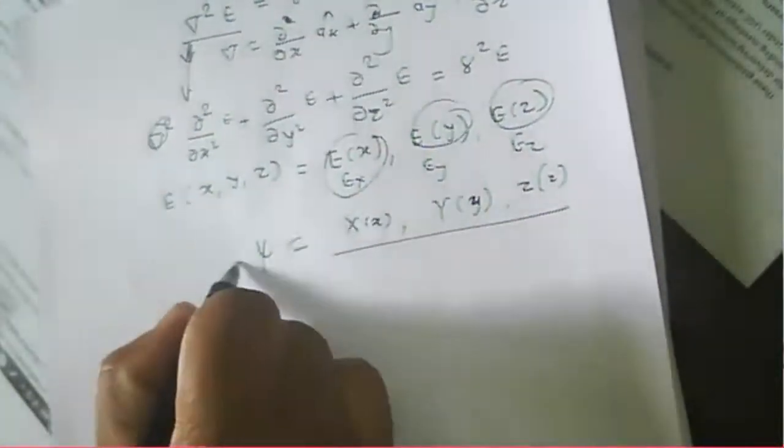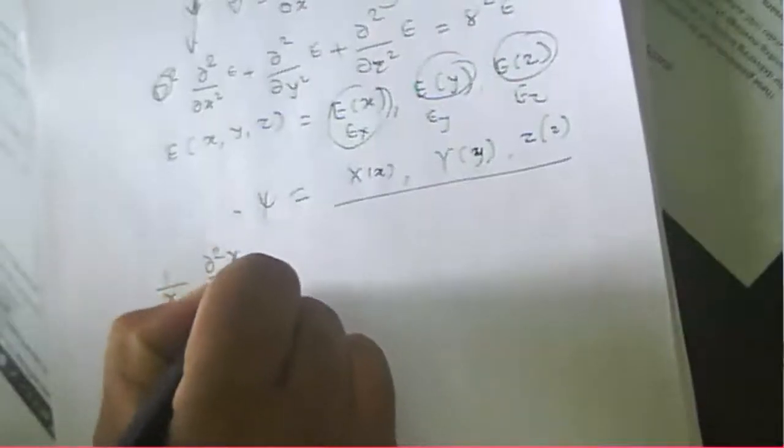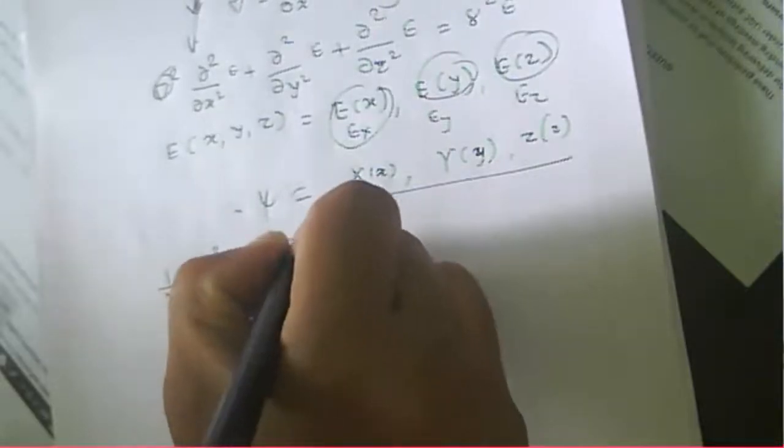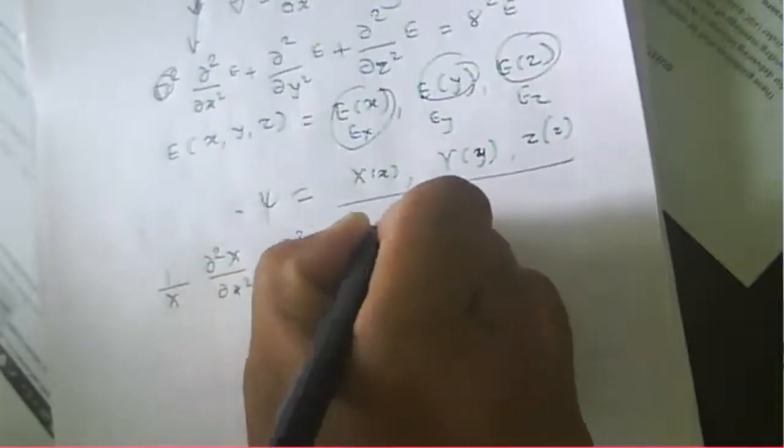When we write the equation for del square E with psi instead of E and solve it, we get 1 by X of x dou square X by dou x square, 1 by Y dou square Y by dou y square, 1 by Z.